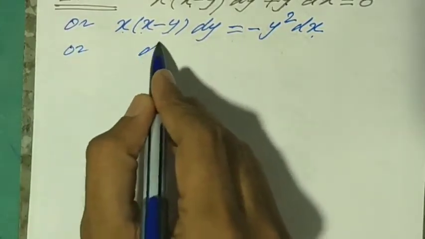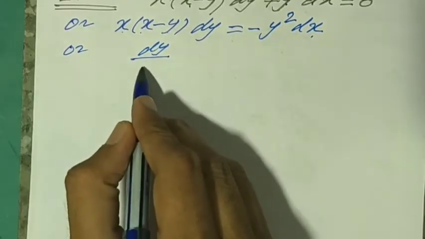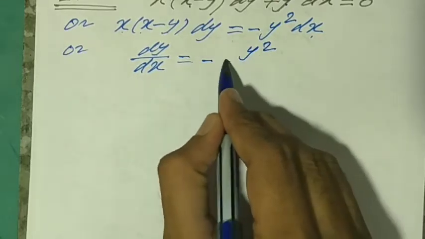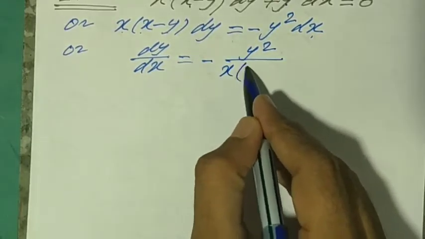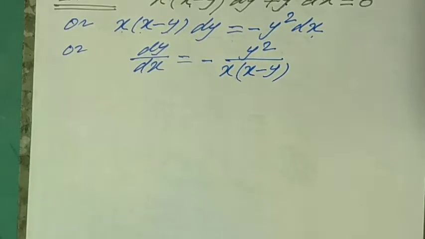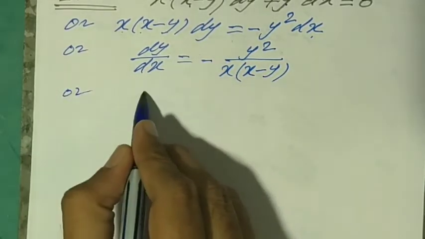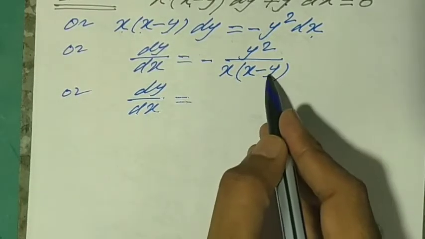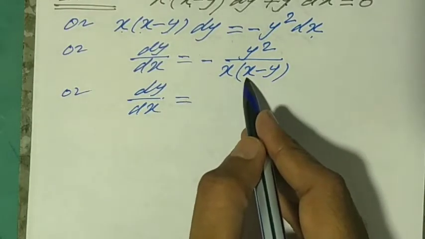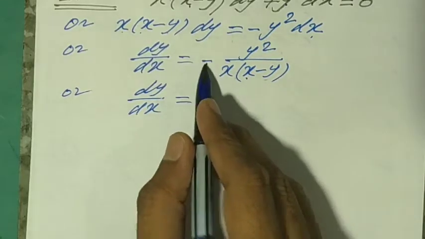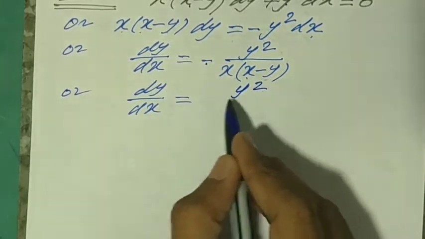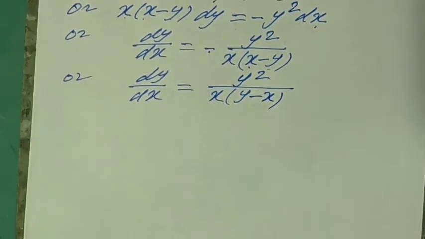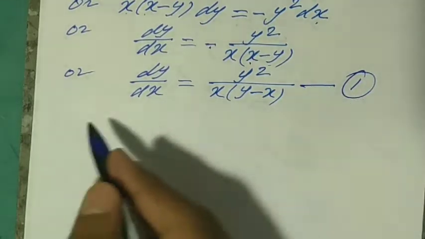So we can write it as dy upon dx is equal to minus y square upon x minus y, or dy upon dx is equal to, after taking minus common out of this bracket, we can make this negative positive, so y square upon xy minus x. Let it be equation number 1.